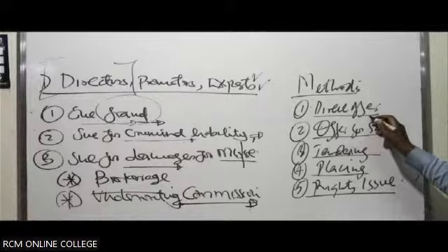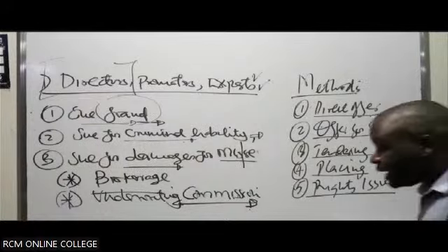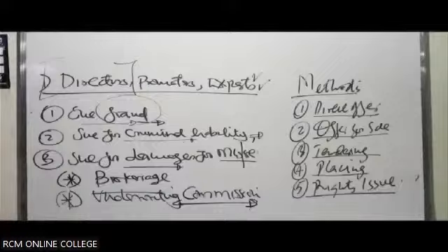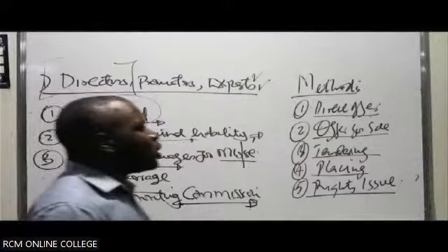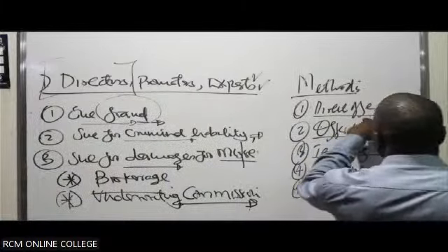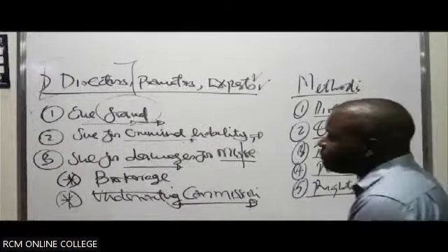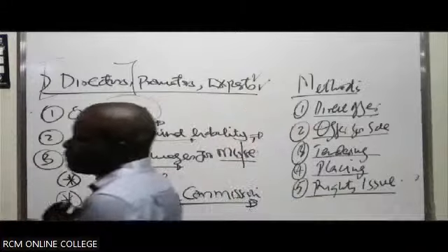When you talk about a direct offer, it is where the company itself directly sells the shares. They do a direct offer by selling the shares by themselves, as the company. So what happens here is that the company will be fully involved in preparing the prospectus. Then they issue out the prospectus, and eventually they invite people to buy the shares.